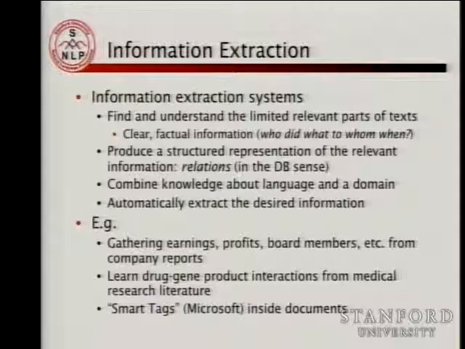There's been a lot of work in information extraction in the biomedical domain. The sexiest part in the news has been genome sequencing. But if you just have a sequence of base pairs, that doesn't tell you what they do.